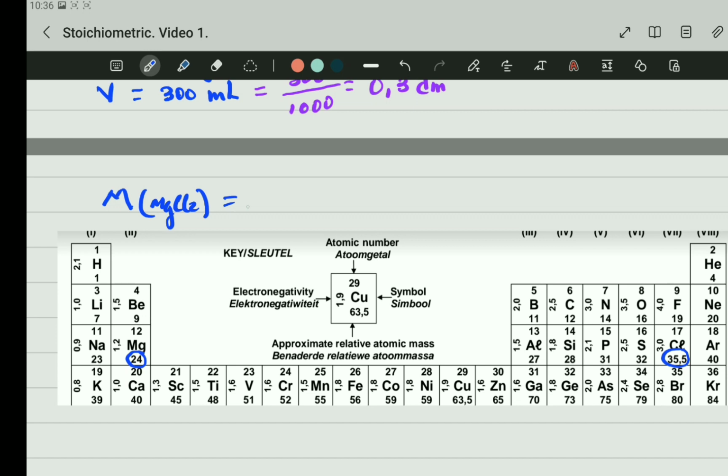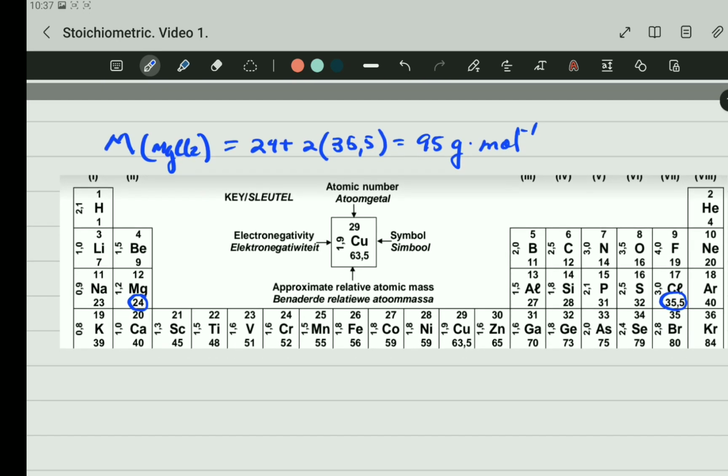So we have one magnesium, which is 24, plus 2 chlorines, so 2 times 35,5. And this will be equal to 95 grams per mole. Now, if we go to the formula that we can use, we have the mass, we have the volume, we have the molar mass.